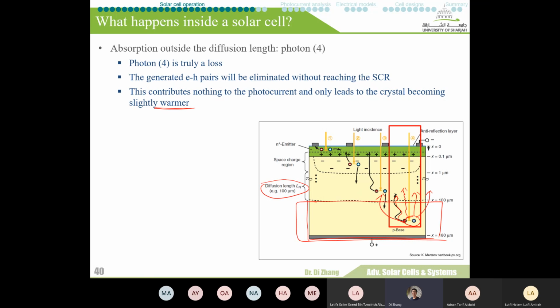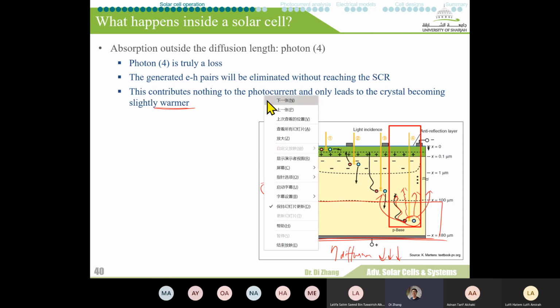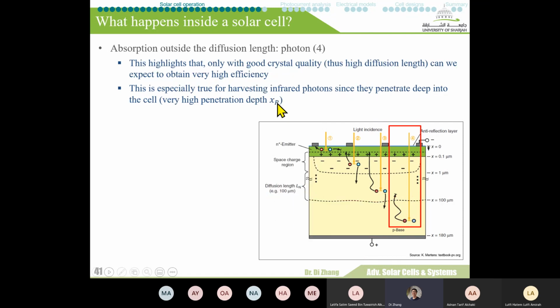You cannot get electricity from here, because you have a very minimal diffusion efficiency. So these are the four possible scenarios we can expect from a typical solar cell.